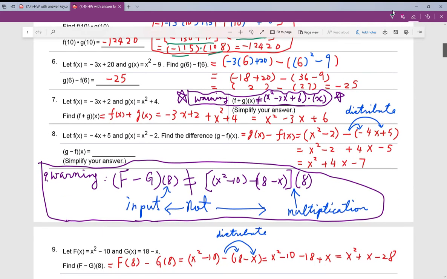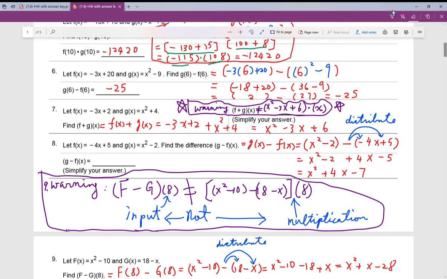Number 6, subtraction. Same thing. I suggest that you separate f and g. If you want to distribute, that's okay, but you don't need to because they are all real numbers. You may combine 36 minus 9 first.